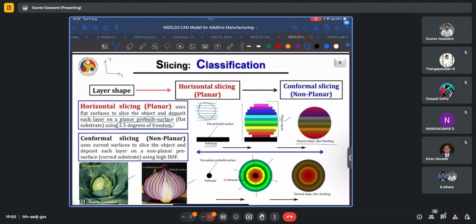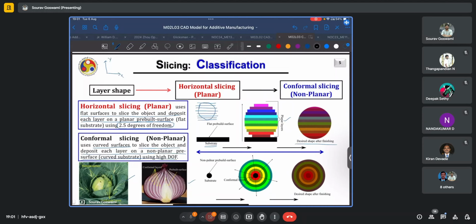Where there are conformal layers which combine together to slice the part. So conformal slicing actually uses curved surfaces to slice the object and deposit each layer on a non-planar pre-surface using high degrees of freedom.